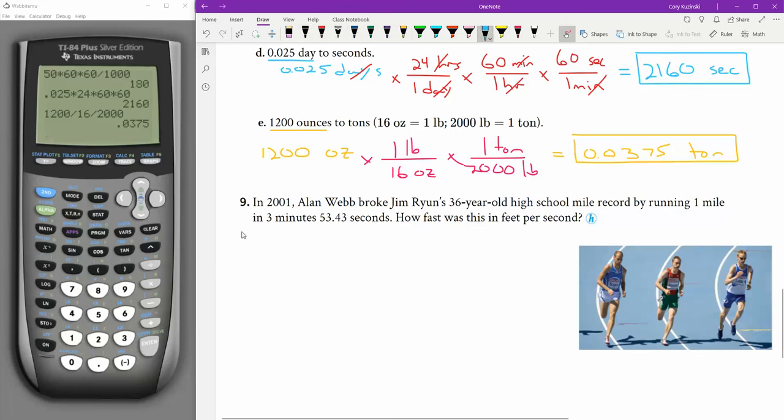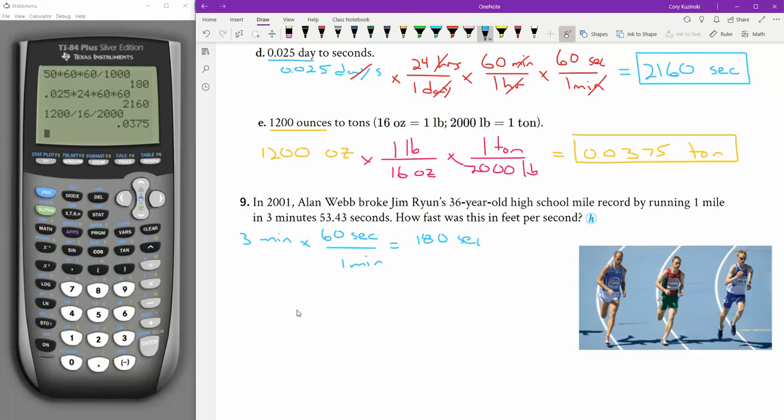So let's go 3 minutes times the fact that there's 60 seconds in a minute, and that gives me 180 seconds in 3 minutes.